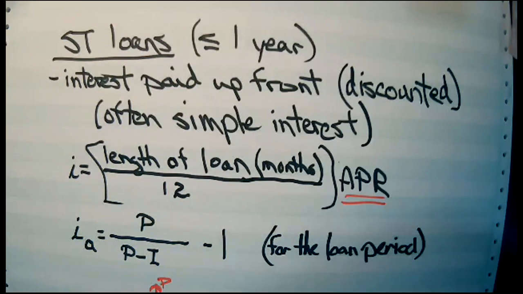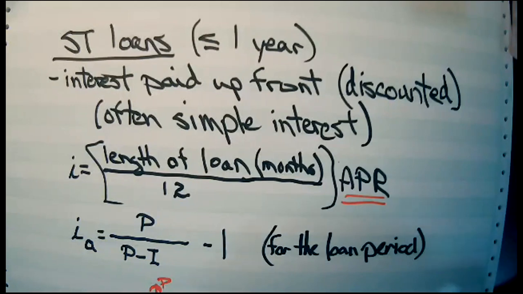And remember, that's also the nominal interest rate. When you read the term nominal, it may be used in questions in the back of the chapter, or in the chapter itself. I don't really recall. But nominal is the APR.